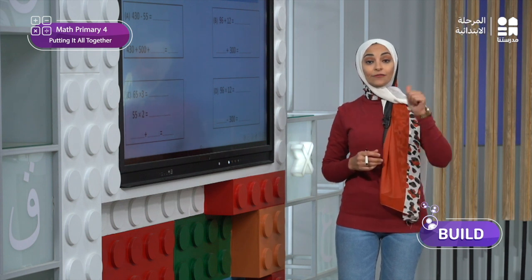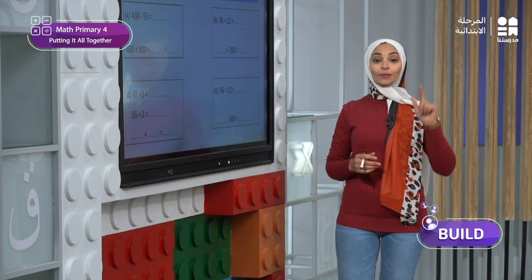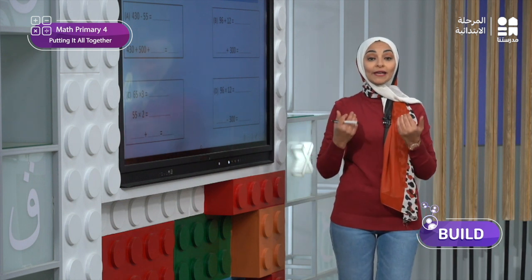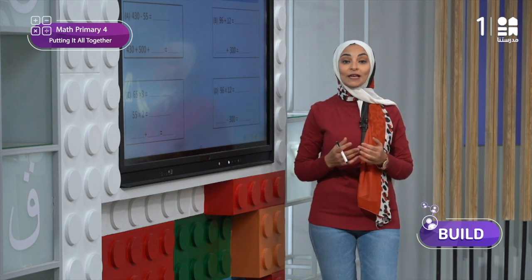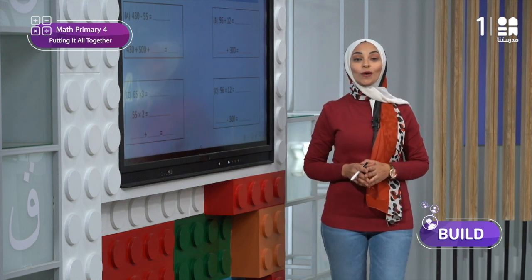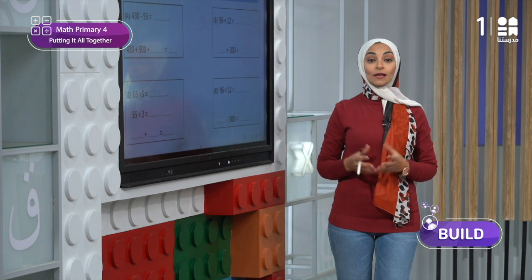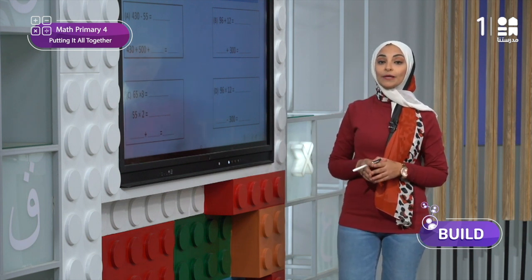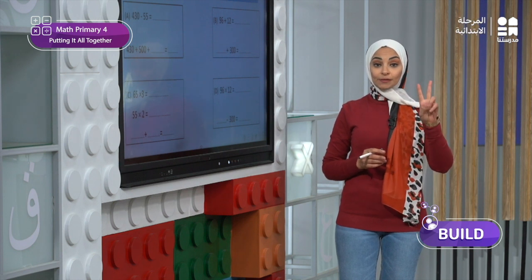This is the first step. What about the second step? In the second step we need to know the number of remaining stickers. How many stickers are left with Yasmin? So what are we going to do? Yes, remaining. So I will subtract. So the problem will be solved in 2 steps.